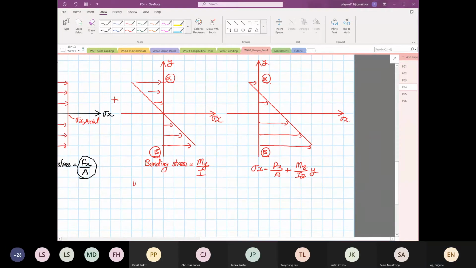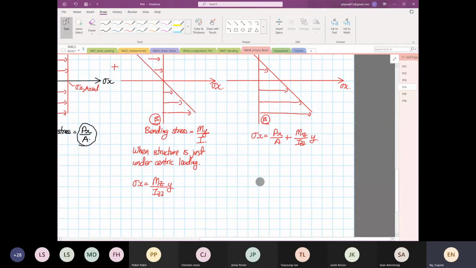When a structure is just under centric loading, where we have stress X equal to Mz over Izz multiplied by Y, right?